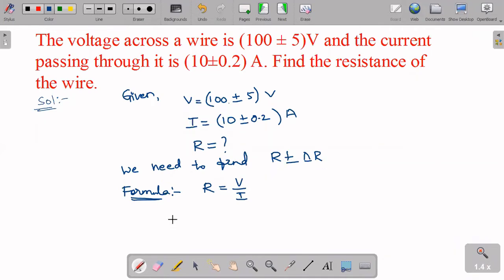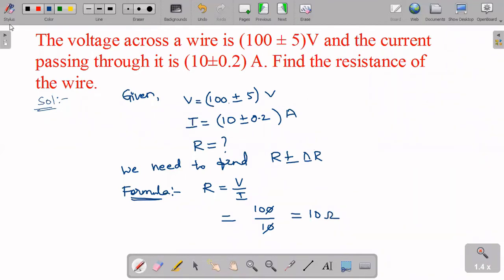Now for the R value, V is 100 and I is 10. It will cancel out, so we end up with 10 ohms as R, but we have to write it including the error in the measurement.